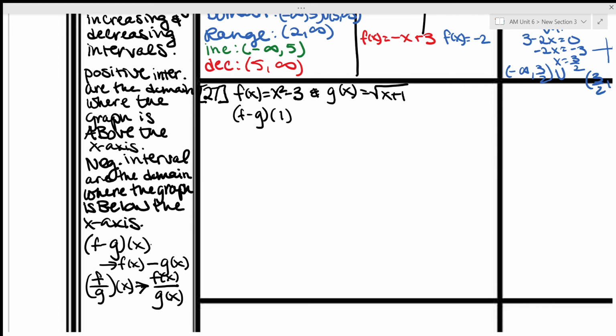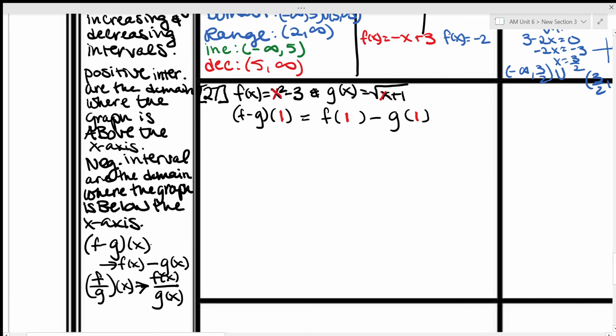Okay, so this means typically f of x minus g of x. But do you see here how that f of x, it's not an x anymore? Yes, that means that your x is not going to be an x. You're going to plug in a 1. Okay, so I'm going to plug that 1 into each of my x values when I write out my equation.